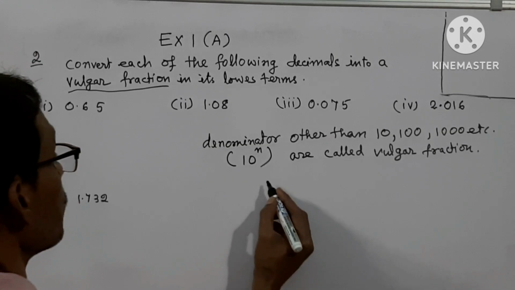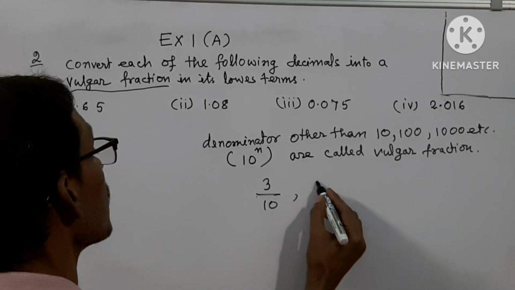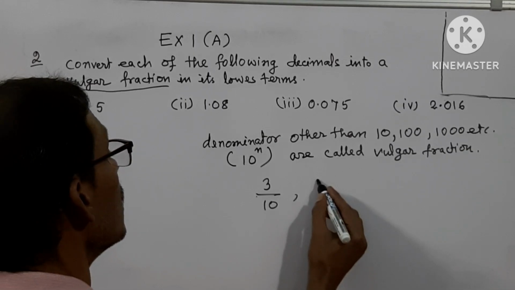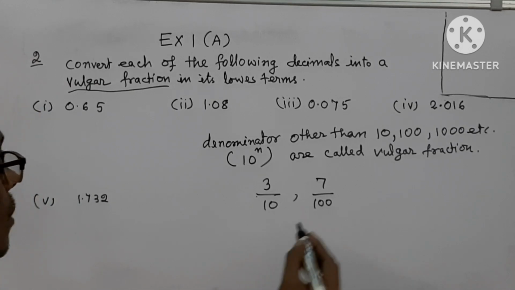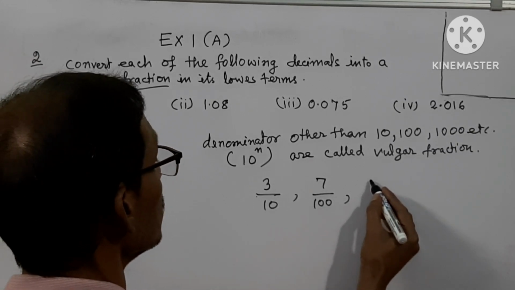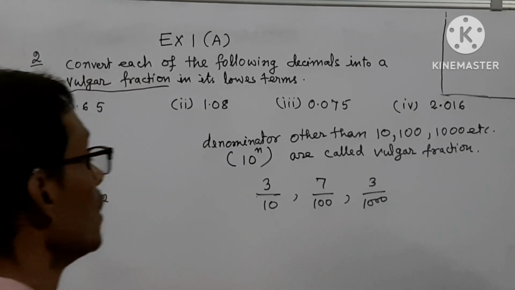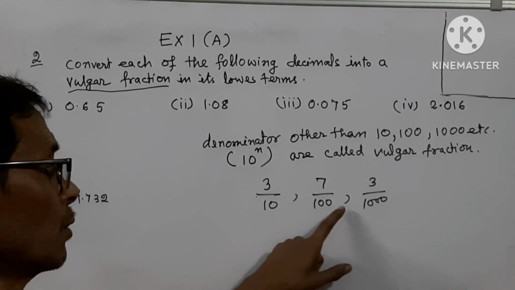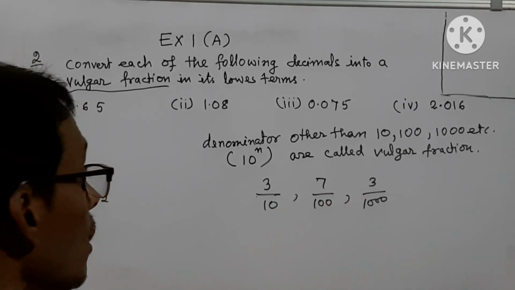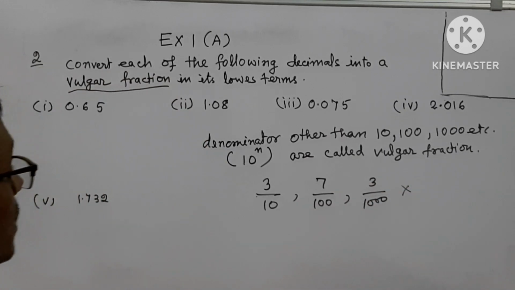So if somebody says 3 by 10, 7 by 100 or 3 by 1000 or anything of this type, 10 to the power 1, 10 to the power 2, 10 to the power 3 and so on, they are not vulgar fractions.